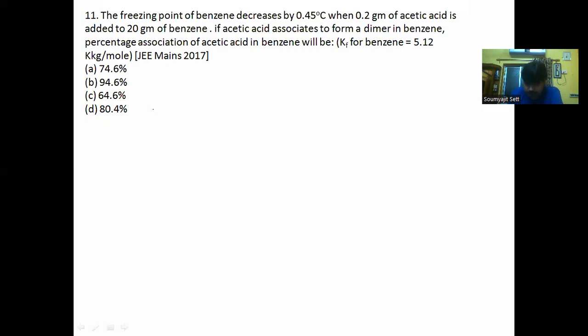See, we know delta Tf is equal to i into Kf into m. Now from it, we have to find out the value of i, or i is equal to delta Tf by Kf into m.